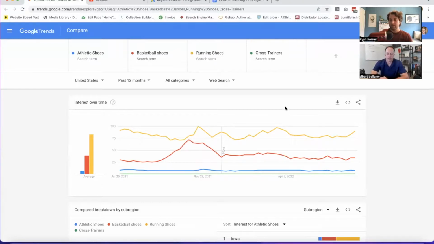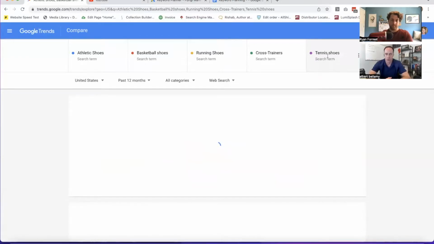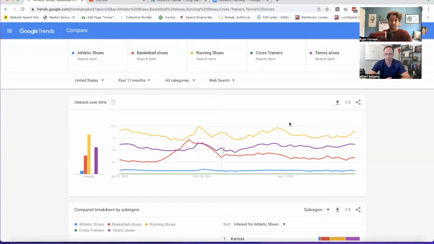Obviously, if you have a sport that is associated super hardcore with one season, as basketball is with winter being the predominant indoor sport, right? I mean, you see that mountain you climb right there. If you're looking to get into the basketball shoe market, you can draw some conclusions from that.